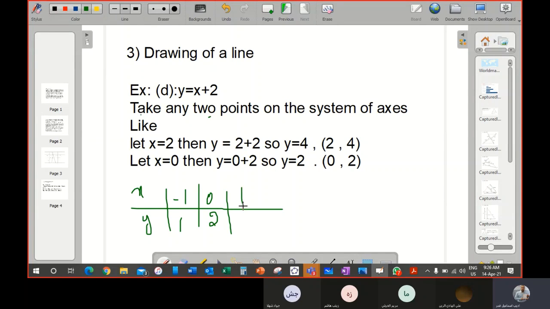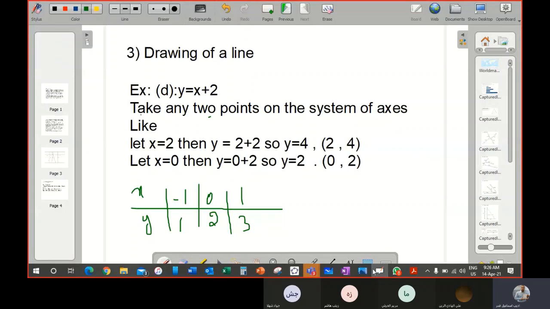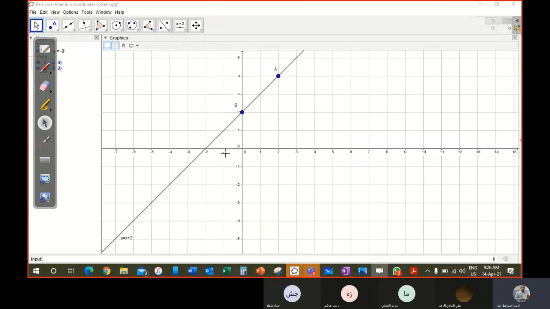And for x equal 1, let me take 3 points, y is equal to 3. All these points should be on the line that we drew here. The points are -1, 1. As you can see here, this is the point -1, 1.